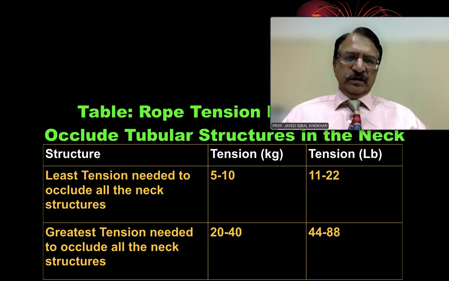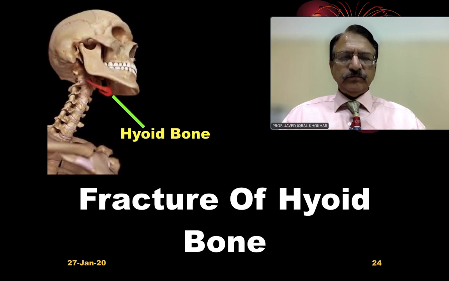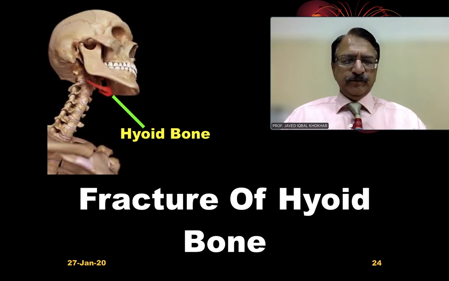And when hanging or suspension of the body occurs, body weight is much higher than 20 or 40 kg, so it occludes all the structures. Now the next important thing to be discussed is the fracture of the hyoid bone.